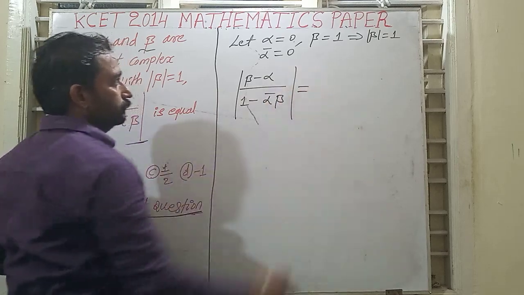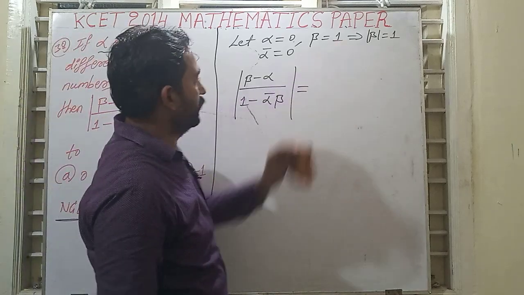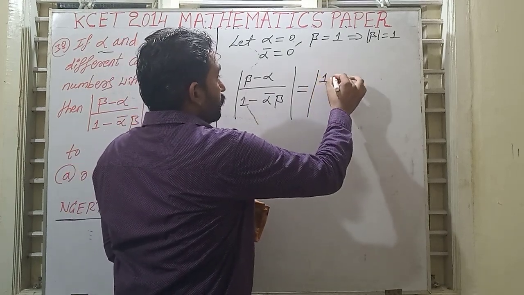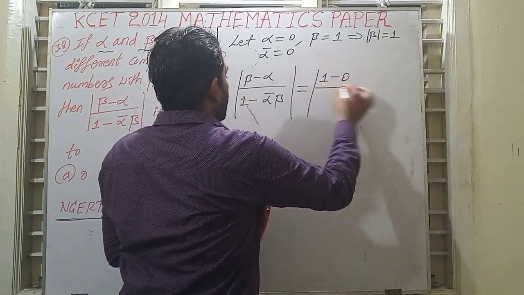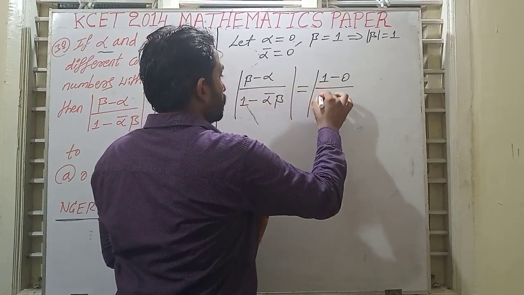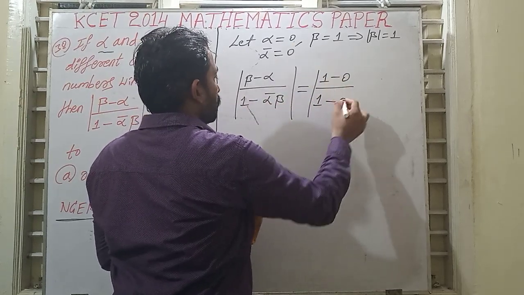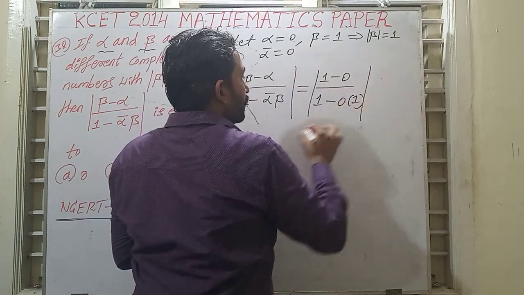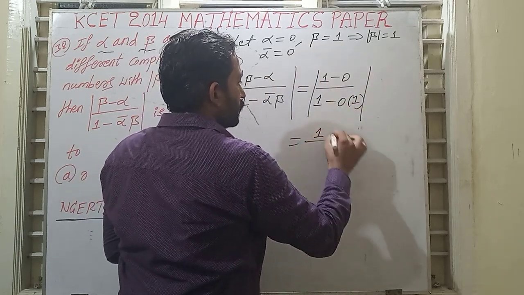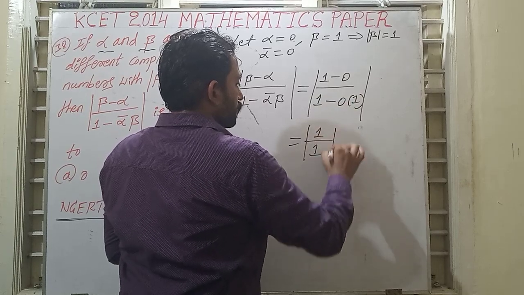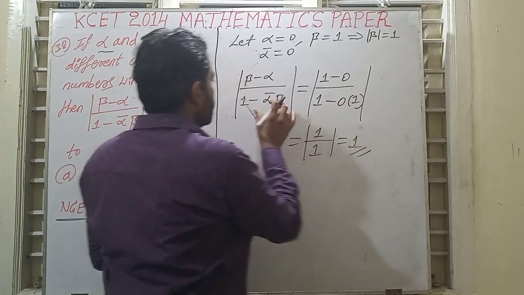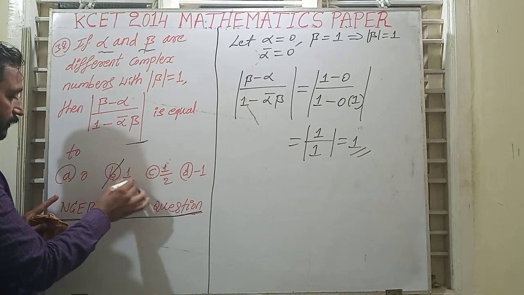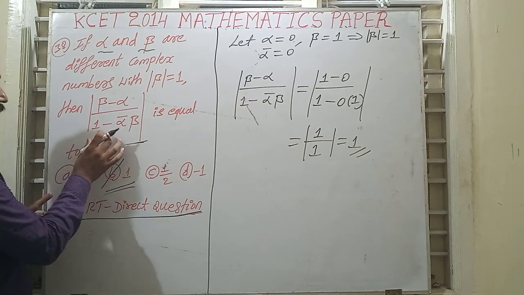What is the beta value? 1. So 1 minus alpha 0, divided by 1 minus 0 into 1. So simply we can write 1 minus 0, 1, divided by 1 minus 0, 1. So it is equal to 1. The value of this term is 1. So simply we can find out the value of this problem.